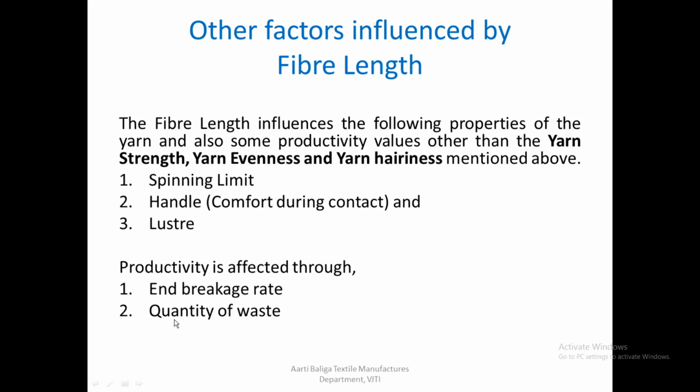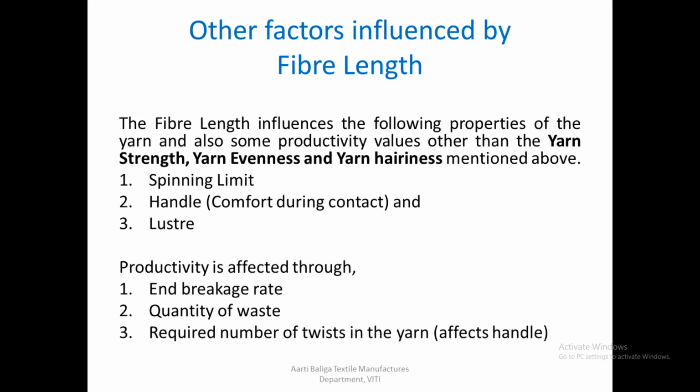A lot of short fibers in your fiber lot will also affect the quantity of waste. The more short fibers, the more waste. It will also affect the number of twists that you might have to insert in your final yarn. It's almost directly related.